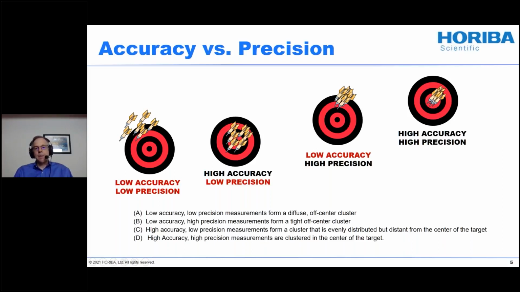Moving along, if I have a nice tight group and it misses the target, that is low accuracy and high precision. If you have a bunch of similar numbers, but they're not the right number, that's this case. And if you get the same results over and over, and they are all the right result, that's high accuracy and high precision, which is ideally where you want to be.